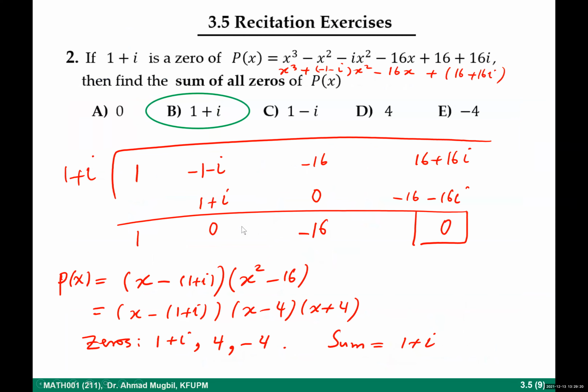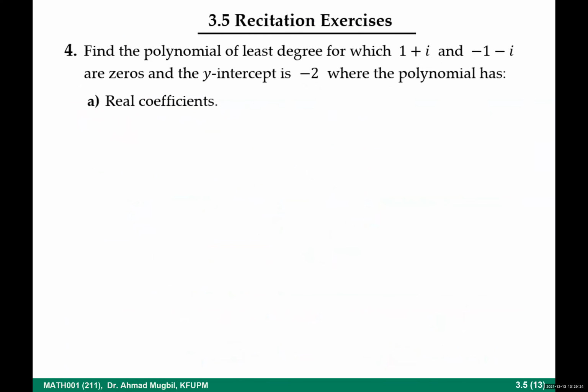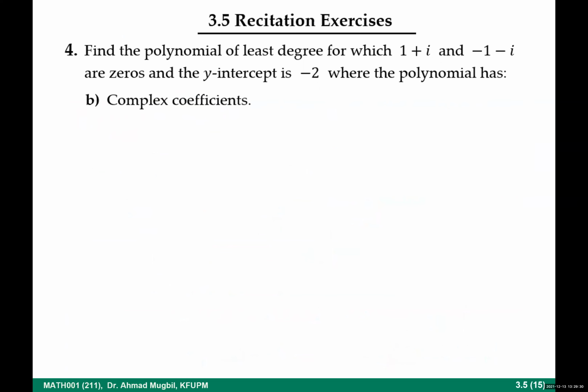Let's go back to our polynomial. Let's start with the complex coefficients. It is easier with the complex coefficients. Why? No need to have a conjugate as a zero to find the polynomial of least degree for which these are zeros.